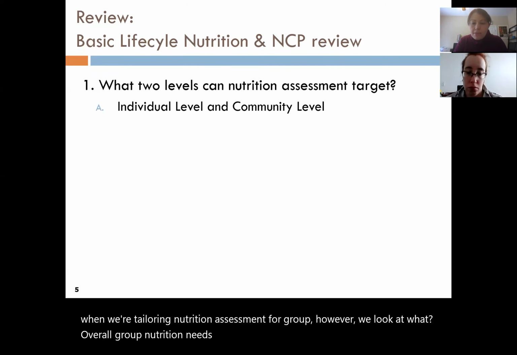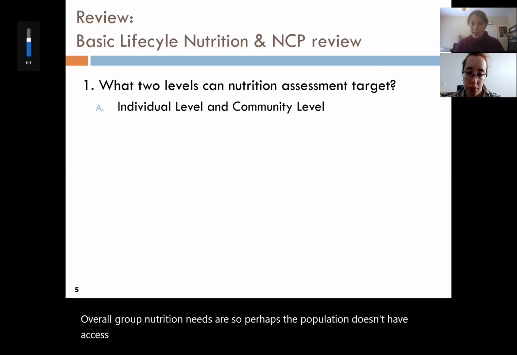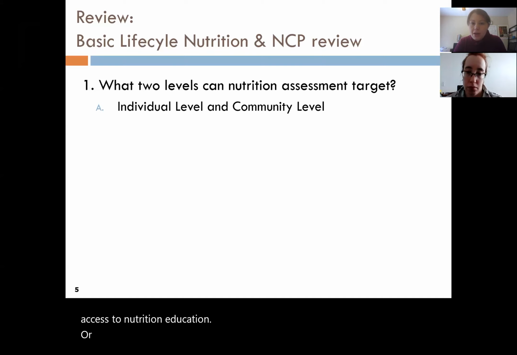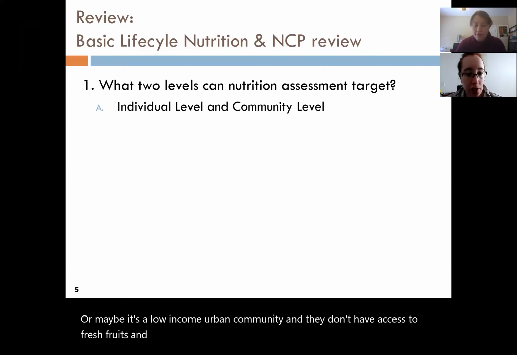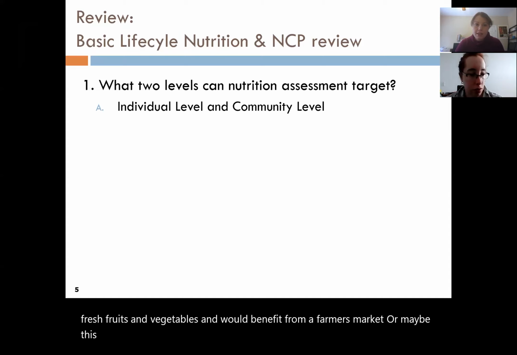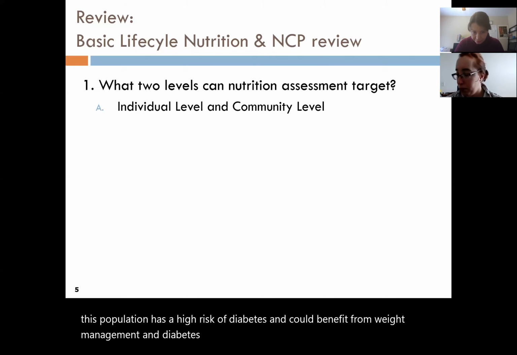So perhaps the population doesn't have access to nutrition education, or maybe it's a low income urban community and they don't have access to fresh fruits and vegetables and would benefit from a farmer's market. Or maybe this population has a high risk of diabetes and could benefit from weight management and diabetes prevention education.